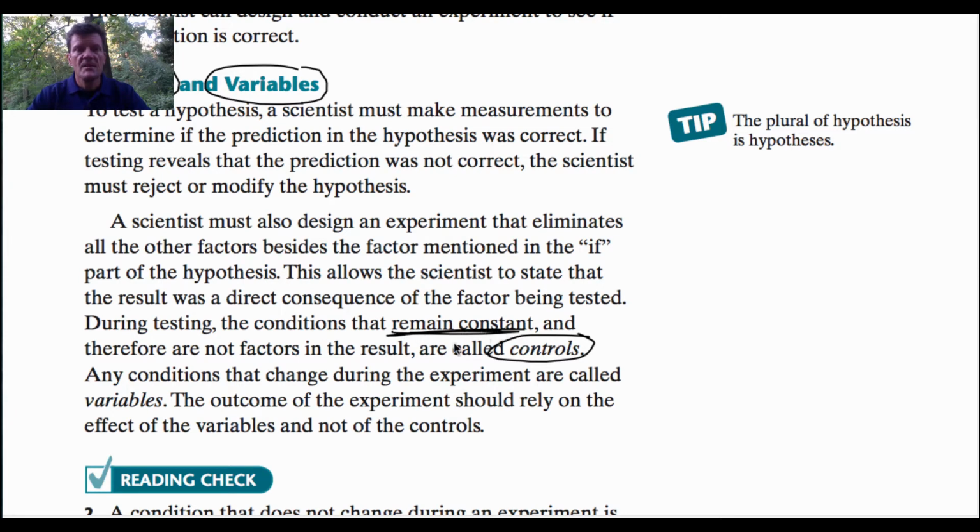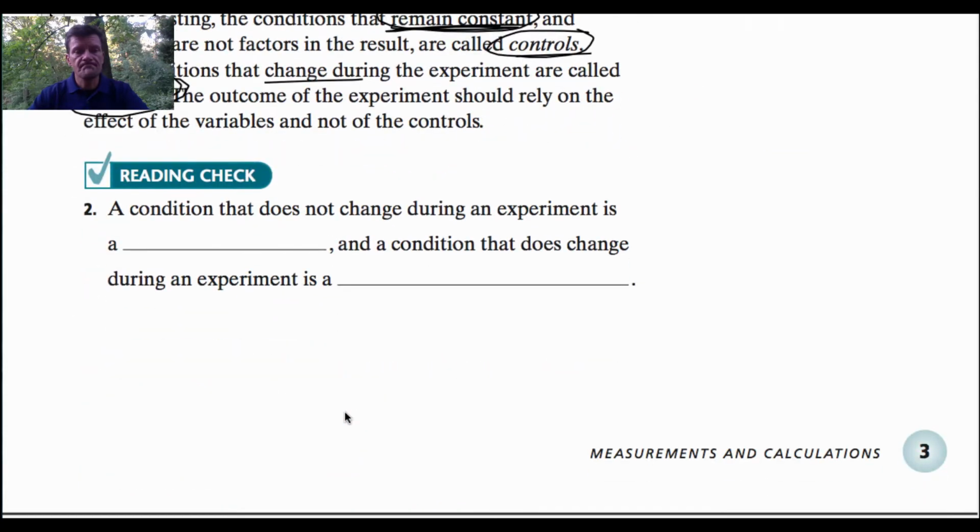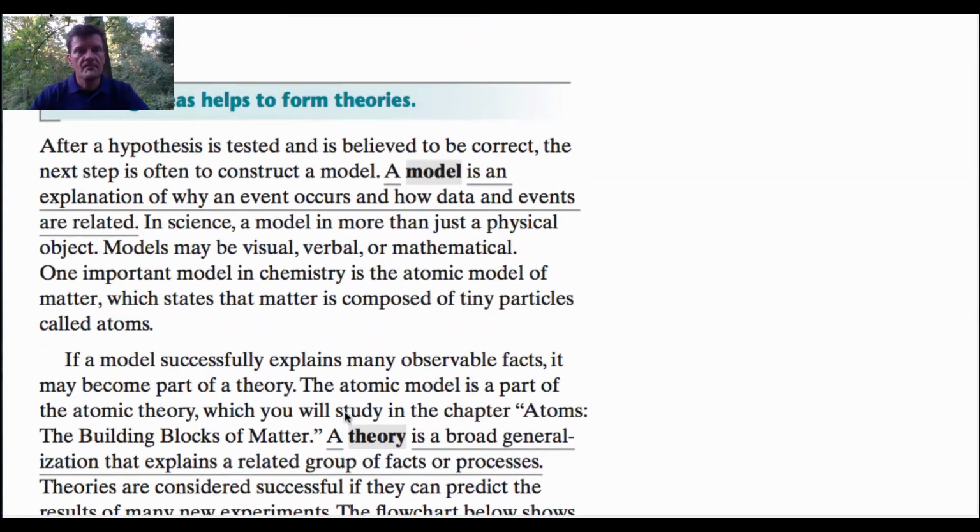Okay? You want them to remain constant. The things that are going to change, either that you are changing, that's your independent variable, or that are going to change as a result of what you're changing, those are called your variables. So write down controls, you keep those constant. The variables are the things that are going to change. That simple. Okay?